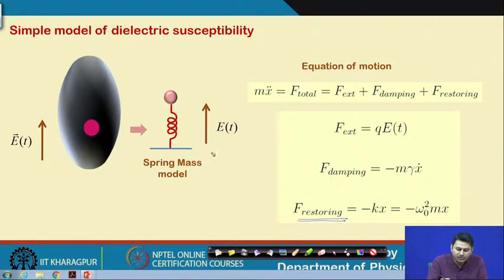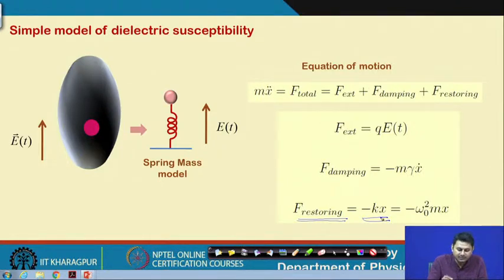If I launch the electric field, it will change the location of the electron, but because of this restoring force, the electron tries to come back to its original position, and this force comes through the spring constant.